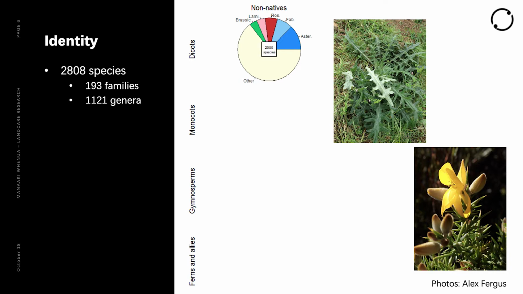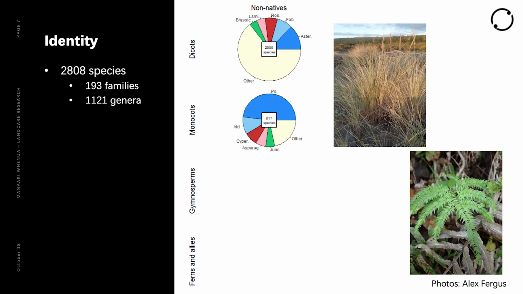We have the daisies, represented in part by familiar players like thistles, legumes, which we know see quite a bit around the South Island, such as gorse, and also roses, mints, and mustards. But as you can see, most of the dicots are in other families, possibly less well known or recognized.